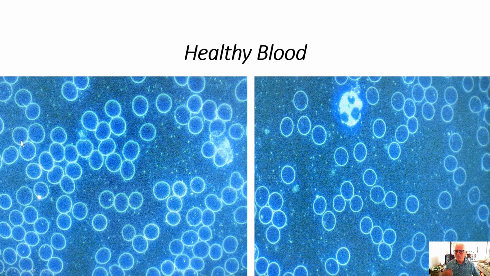Now this is my blood, the one on the right. It was very stressed because I was going through some stress at the time, and because of a lot of the EMFs and radiation in the atmosphere, even in the country. I'm out of town, but we still have EMFs everywhere.